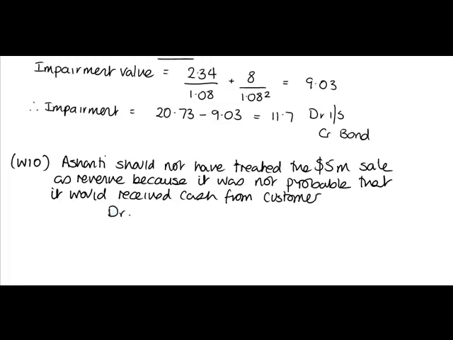So therefore I would debit sales or revenue 5 and credit receivables 5.